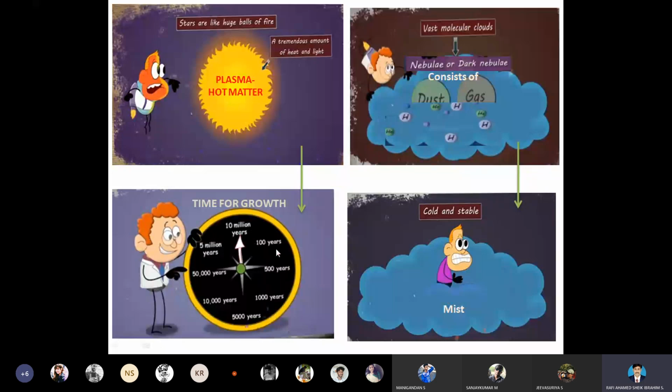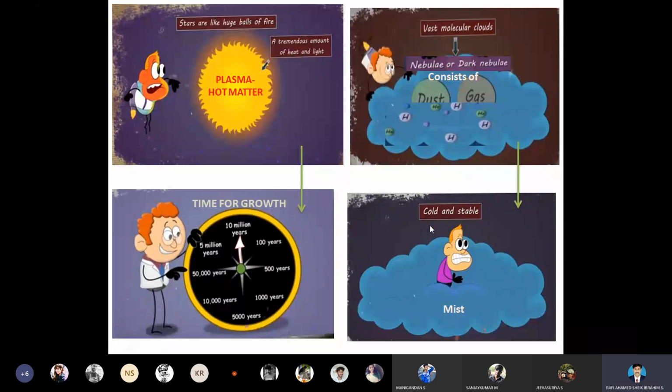So how does this formation happen? This happens due to the vast molecular cloud. We can call this a nebula or a dark cloud. It contains dust and gases. In Latin, the term nebula means mist. Mist means a stable and cold state.